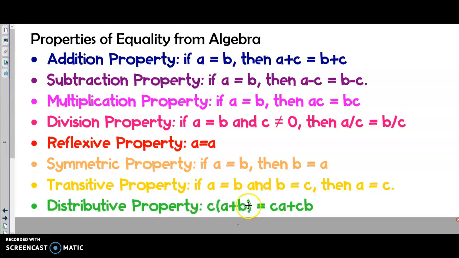And lastly, we have the distributive property. This is another common one from algebra class, where if we have a quantity inside a set of parentheses, addition or subtraction, and we have a multiplication happening, we can distribute that multiplication to each term inside the parentheses. Again, whether it's addition or subtraction.